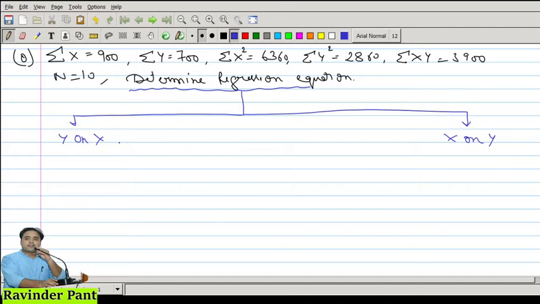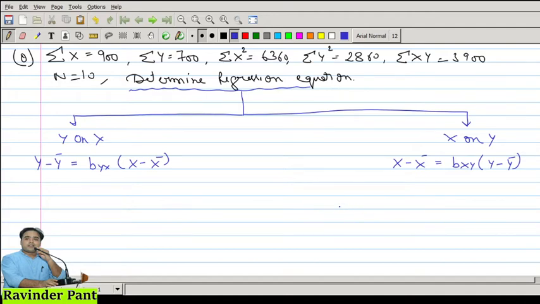To calculate this, we know the regression equation of y on x is given as y minus y bar is equal to byx multiplied by x minus x bar, and for x on y we have this equation as x minus x bar is equal to bxy multiplied by y minus y bar.